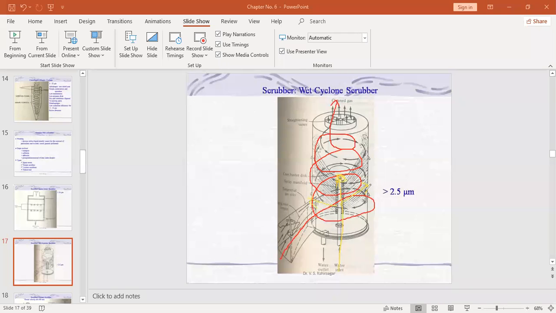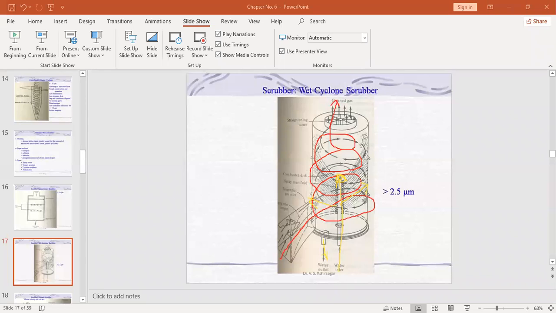And the liquid attaches to the particles present in this incoming gas and strikes upon the inner wall, and along with this water will fall down and will be collected at the bottom, and it can be removed through this outlet chamber.